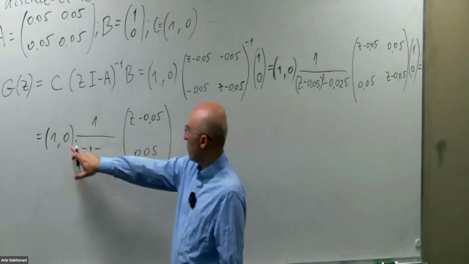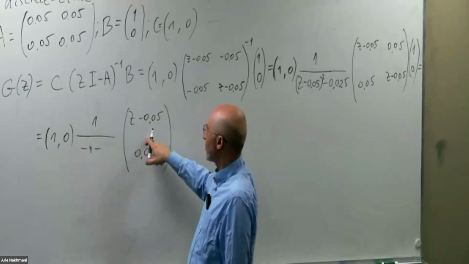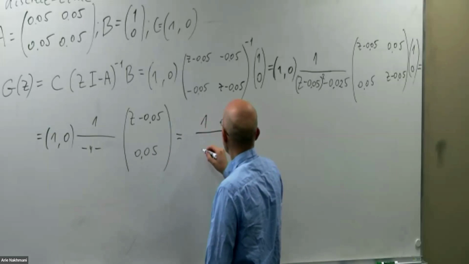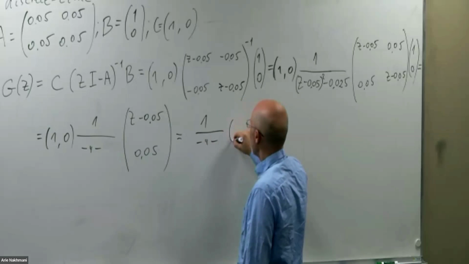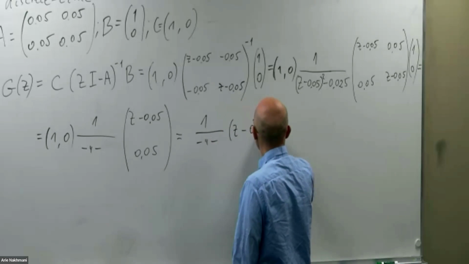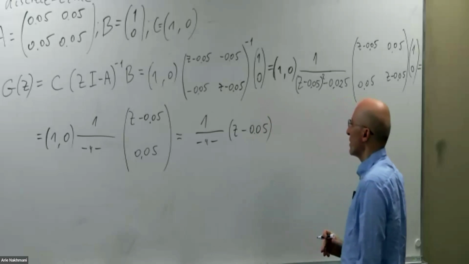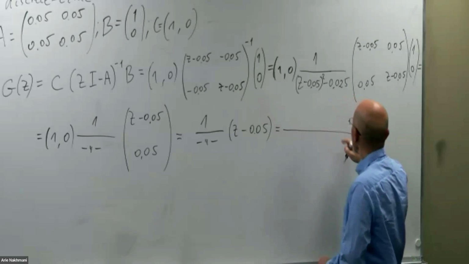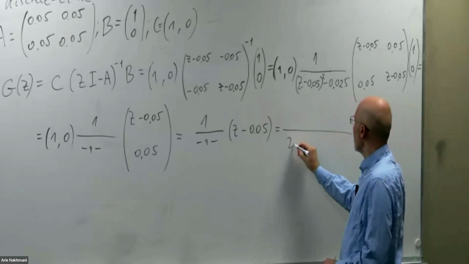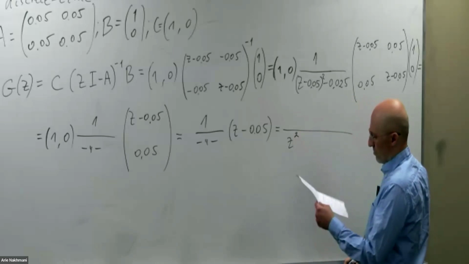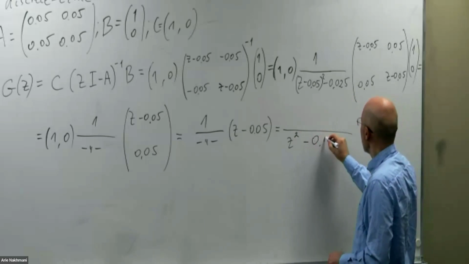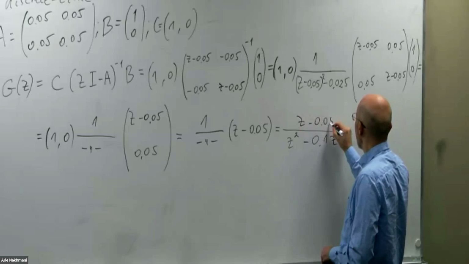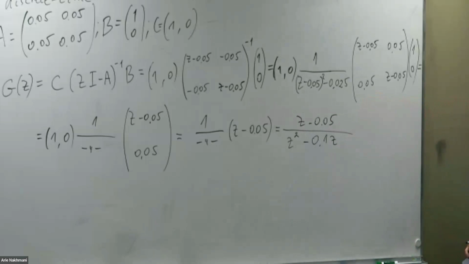But since eventually we are multiplying that thing by 0, we don't care about that part. So it will be 1 divided by that same thing times Z minus 0.05, something like that, right? When you're opening that algebraically, you get 0 Z squared as a result, minus 0.1 z. Here we have Z minus 0.05. This is the transfer function.